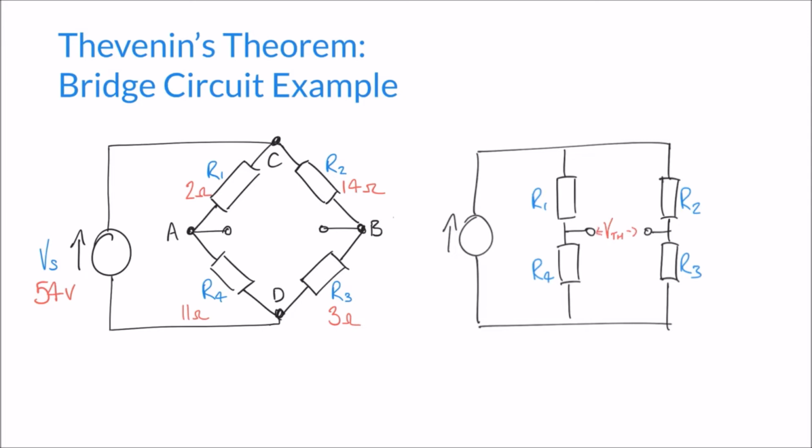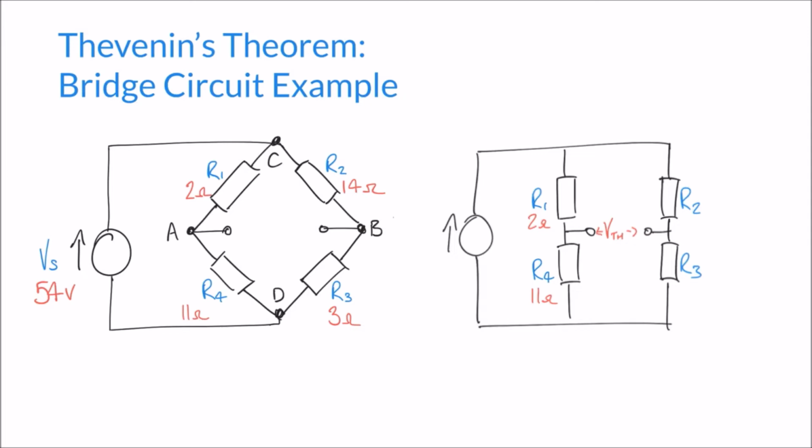Let's begin by looking at the first potential divider here on the left-hand side. We have R1 and R4. Let's stick some values on there. We know that R1 is 2 ohms and R4 is 11 ohms.